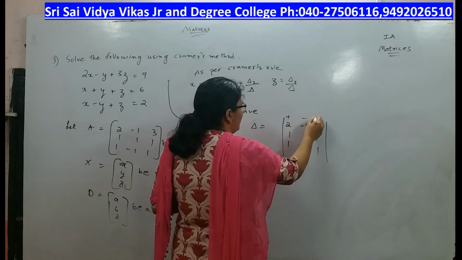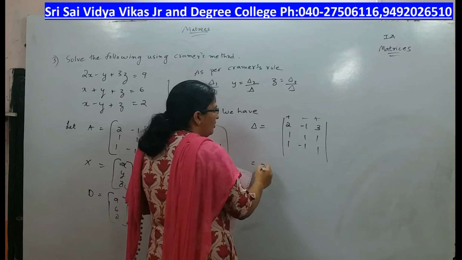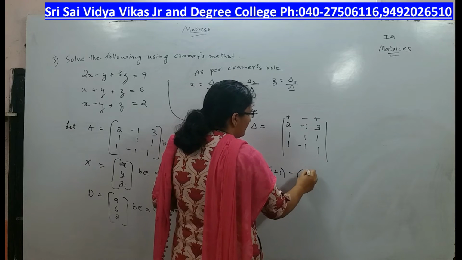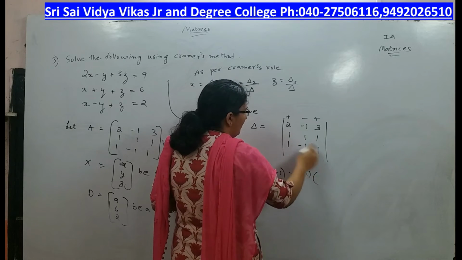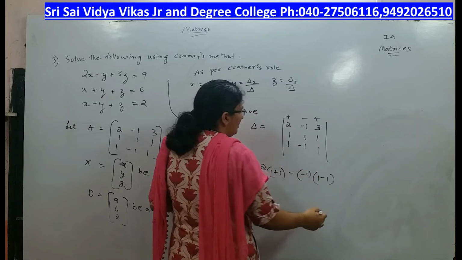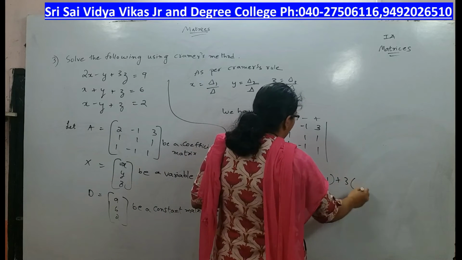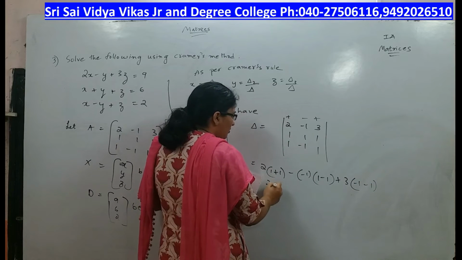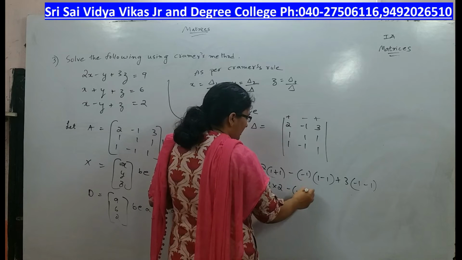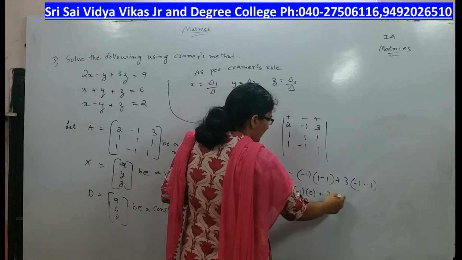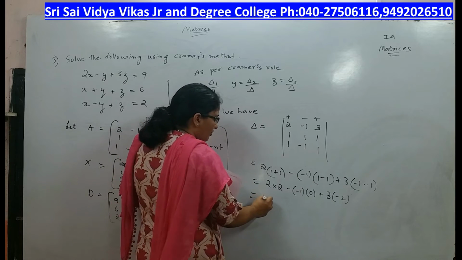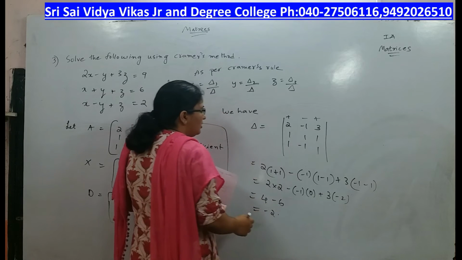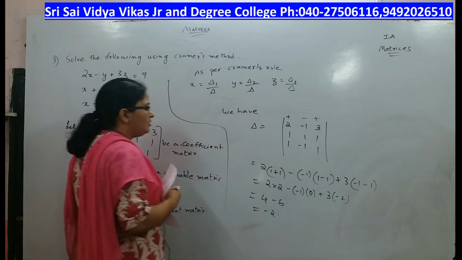We have to find the determinant, plus minus plus: 2 into 1 plus 1, minus of minus 1 into 1 minus 1, plus 3 into minus 1 minus 1. So 2 into 2 minus 1 into 0 plus 3 into minus 2, that is 4 minus 6, that is minus 2. So delta value we got as minus 2.